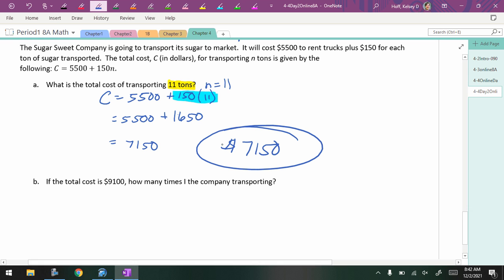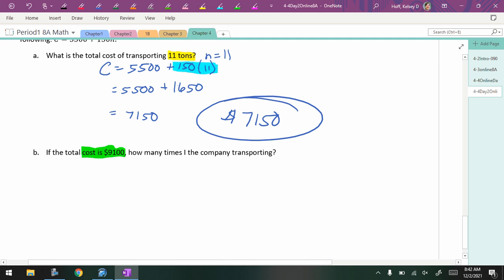Now in this one, they tell us the cost is 9,100. How many tons is the company transporting? So this time our C is 9,100.